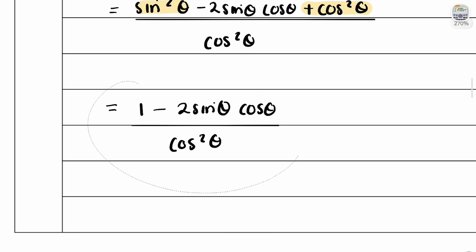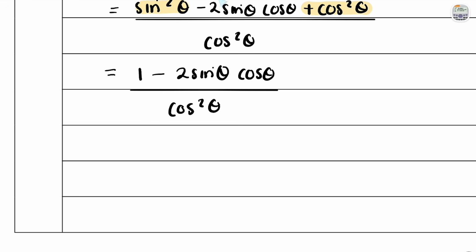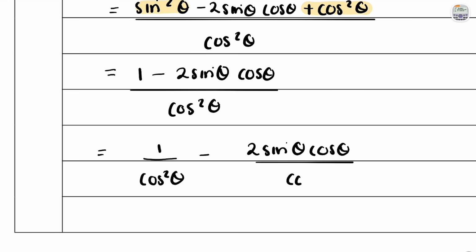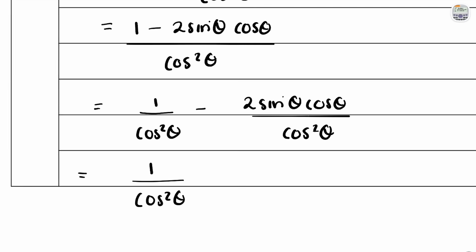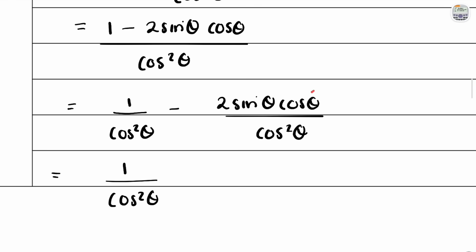They took this fraction as a whole and they separated it like this by saying this is actually equal to 1 over cos squared theta minus 2 sine theta cos theta over cos squared theta. Okay, and that's what was done to separate them. So this stays 1 over cos squared theta, and this will simplify to a cos theta, and a cos theta cancels here. So one of it is gone and you're just left with 1.